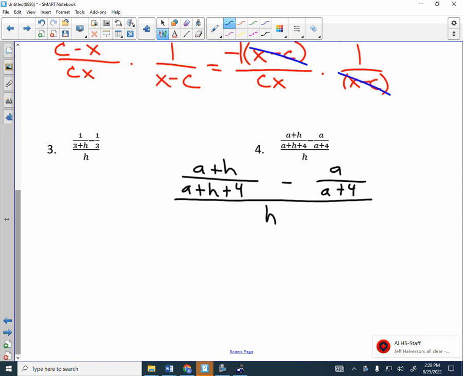Multiply top and bottom by a plus 4. So you see an a plus 4 here and an a plus h plus 4. You're going to have to multiply this side by a plus 4. What do you have to multiply the other side by?